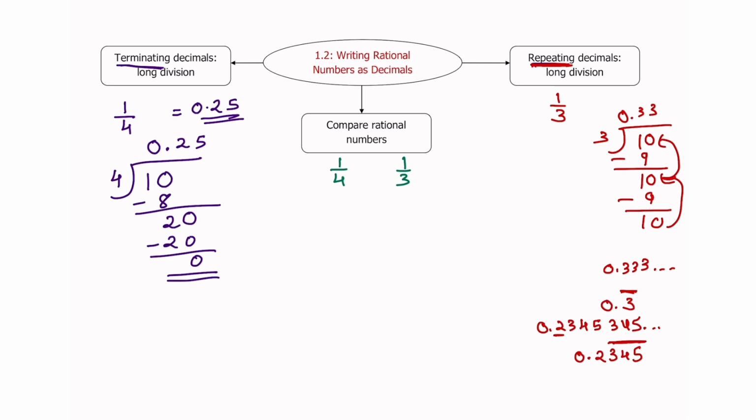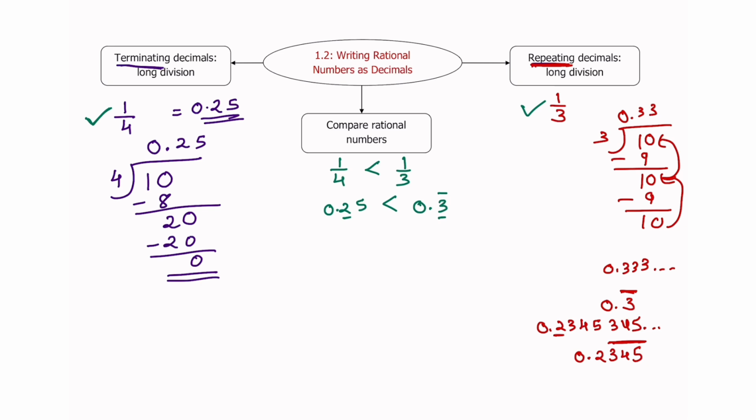I've taken these fractions purposely because I know my answers from here and here. So 1 by 4 is 0.25 and 1 by 3 is 0.3 bar. Which number is bigger? We compare the first place after the decimal. This is 2 and the other one is 3. Then of course, this is the answer.